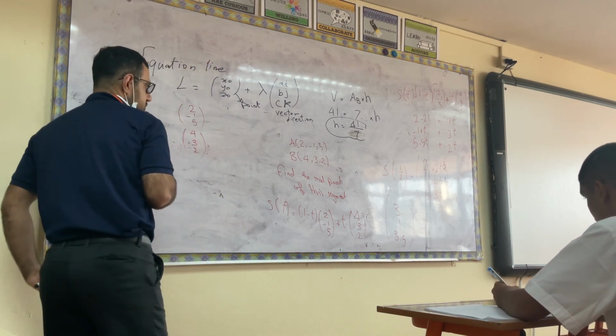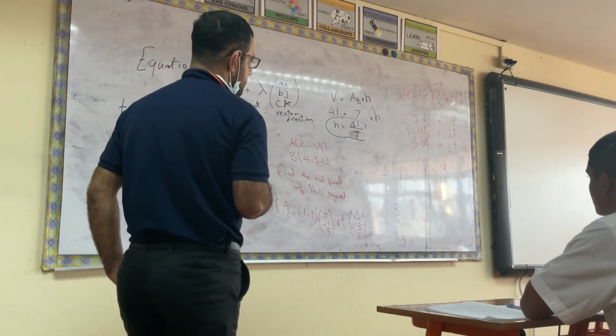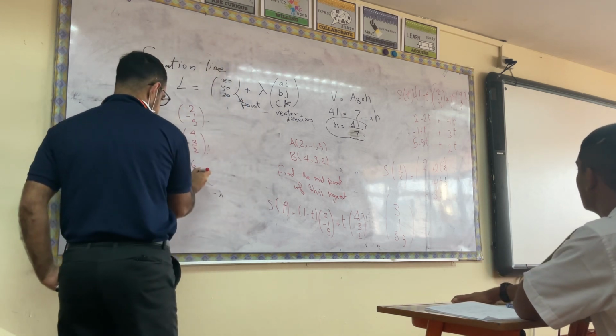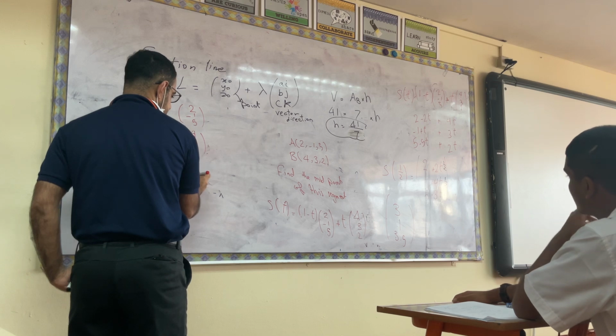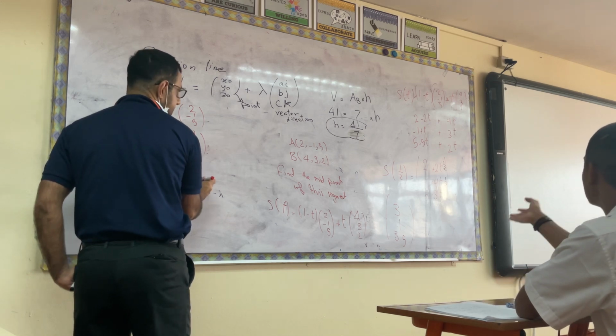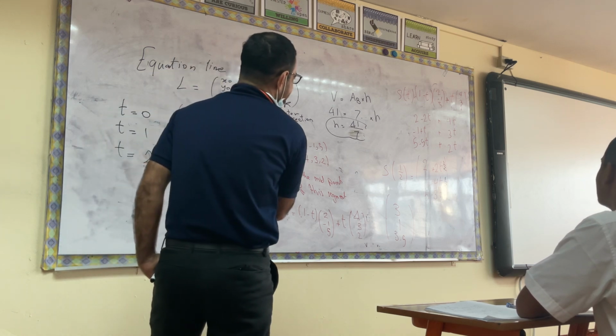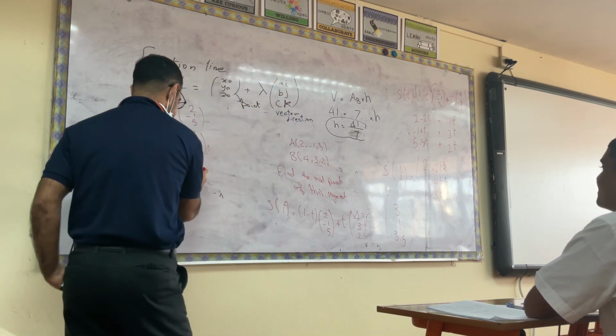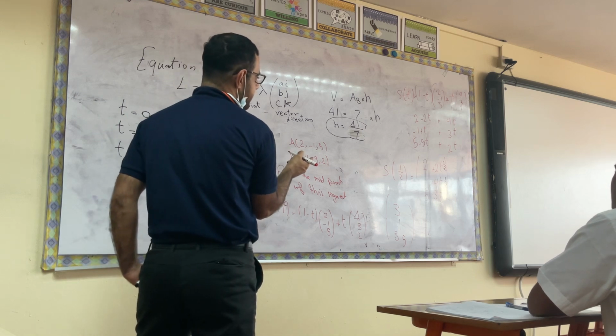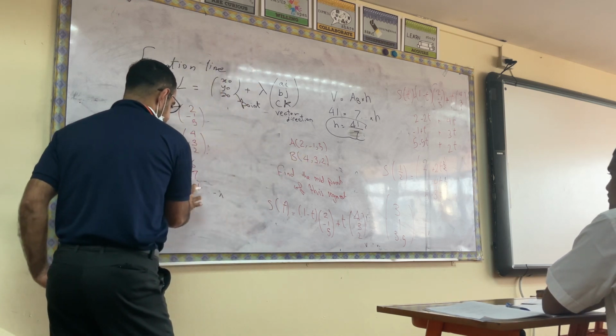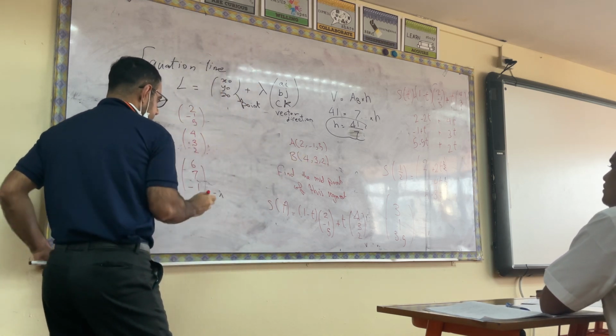What about 2? 2 is 6, 4, 8, 7. No, sorry, negative 1. The only thing he got wrong was negative 1.